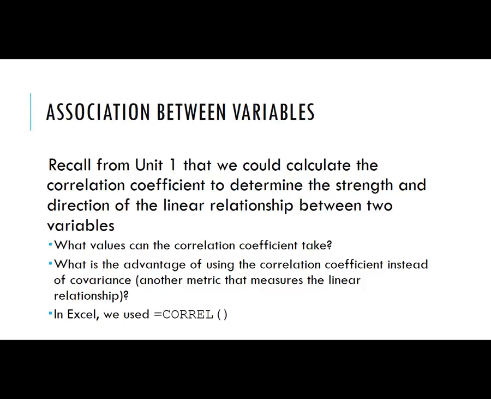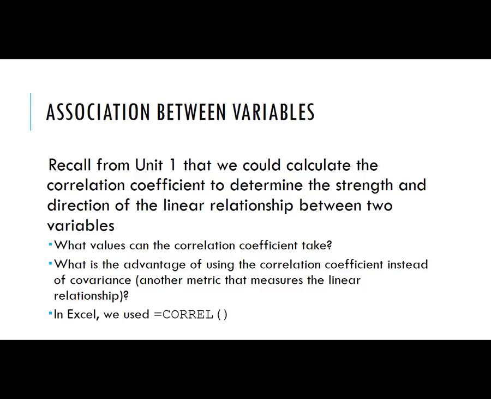We also looked at covariance back in Unit 1, the sample covariance. And we said, oh, that's good. It also measures linear relationship, but there was a disadvantage to using that instead of the correlation coefficient. So you should recall what the advantage of using the correlation over the covariance is.